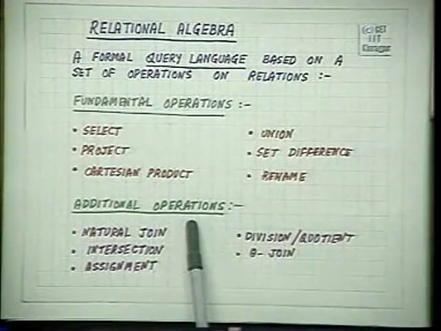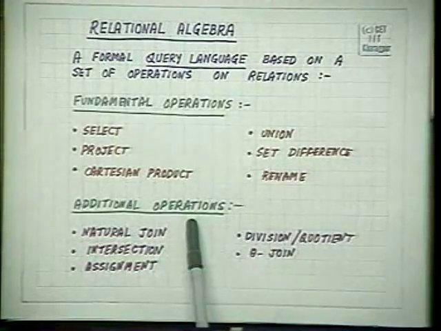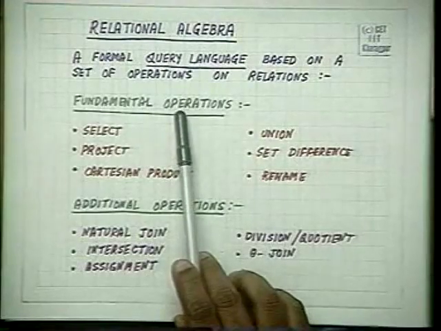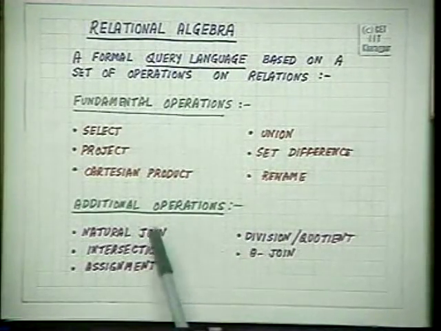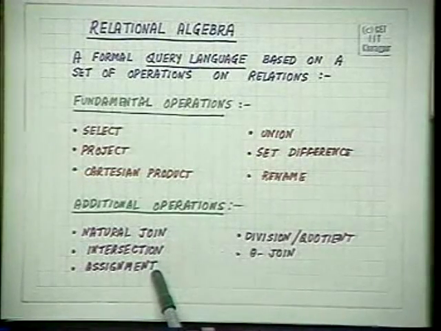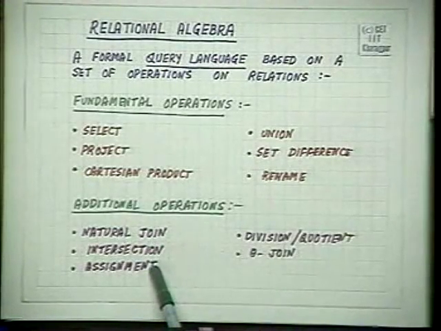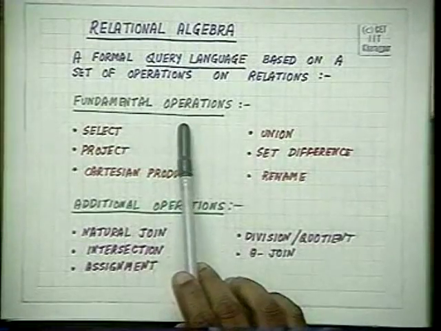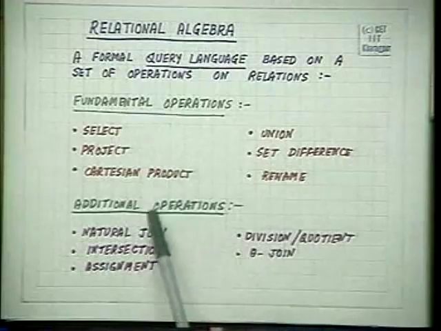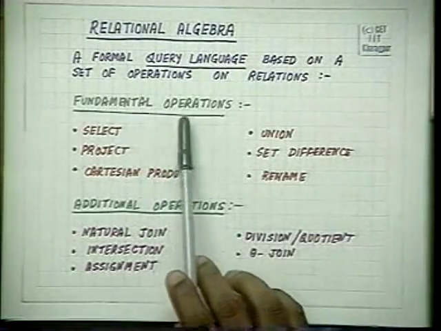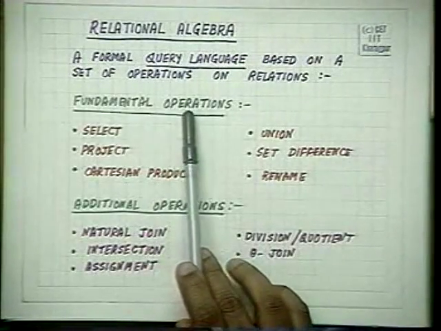These additional operations are not fundamental in the sense that they can be derived from the fundamental operations. It is not that these are not useful operations. These additional operations are sometimes more useful and more widely used than the fundamental operations. But the difference between them is that the additional operations can be defined using the fundamental operations.